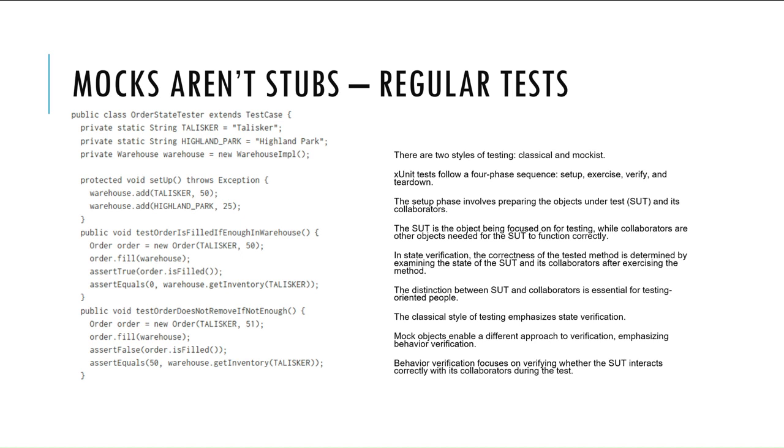The classical style of testing emphasizes state verification. Mock objects enable a different approach to verification, emphasizing behavior verification. Behavior verification focuses on verifying whether the SUT interacts correctly with its collaborators during the test.